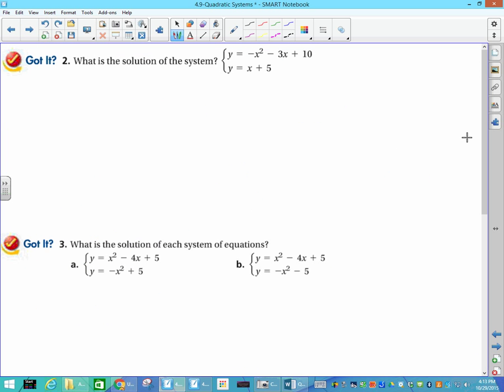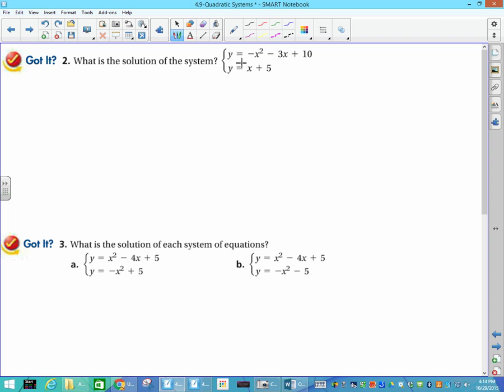Okay, so on the next side, we are actually not going to do it by graphing. This time we're going to do it by algebra. What's the solution to the system? You can use substitution or elimination whenever you're solving things algebraically, but we're going to use substitution. That's probably going to be your method of choice because you don't have to think much.